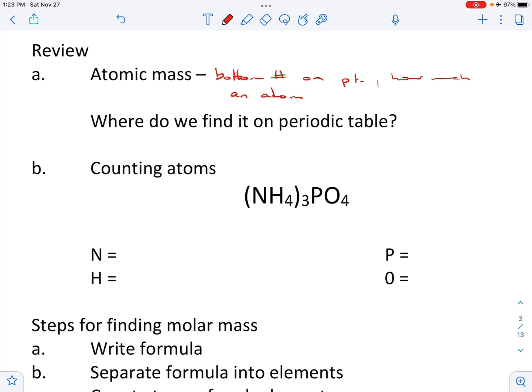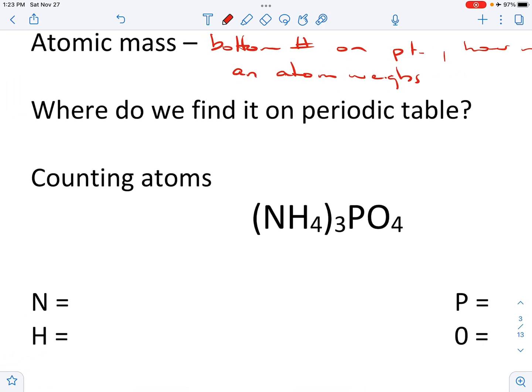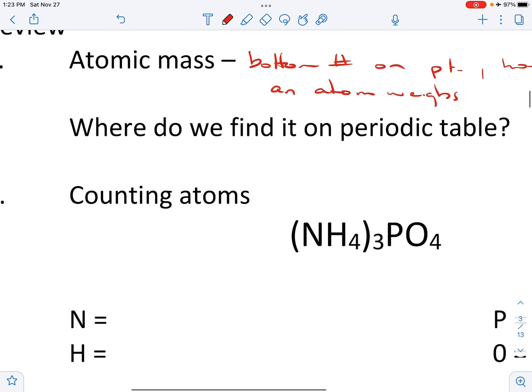Looks like my writing is pretty atrocious right now, so we'll try to fix that up a little bit. And so where do we find it on the periodic table? Remember I said that was our bottom number, or the one with a decimal, kind of depending on the one on the wall in the classroom. It's red.